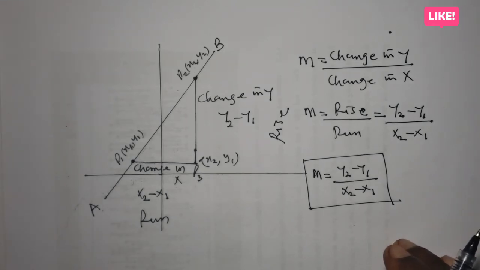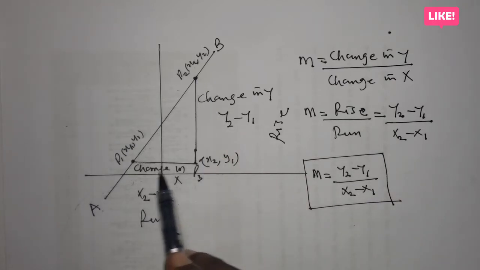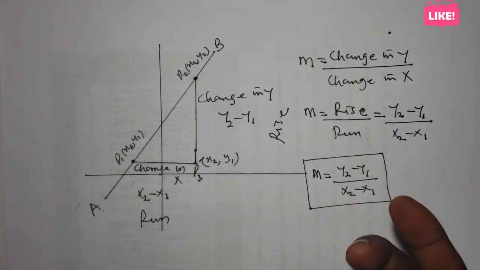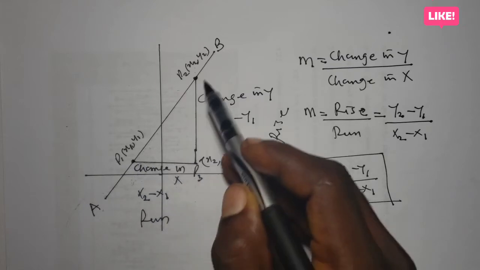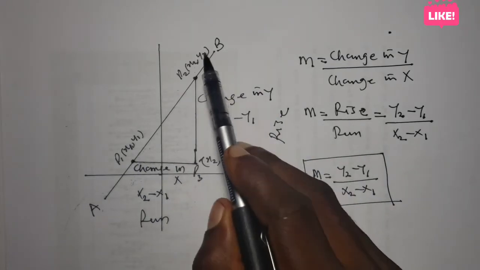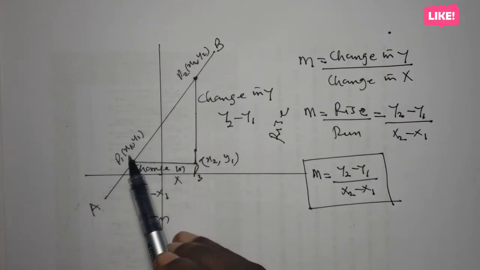But in practice, when we want to find the slope of a straight line, we don't necessarily have to draw this triangle. Once we know 2 points of that line, like P1 and P2, we can employ this formula directly, so that the slope is y2 minus y1 all over x2 minus x1.